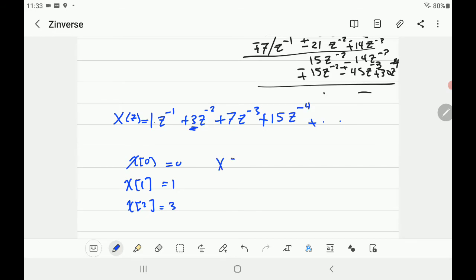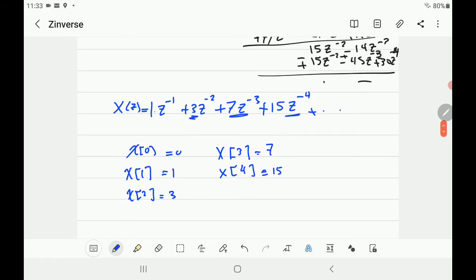What's x of 3? It's the coefficient of z^-3, which is equal to 7. What's x of 4? It's the coefficient of z to the power of minus 4, which is equal to 15. So you can continue, but it depends on how many terms you are asked to find, right?